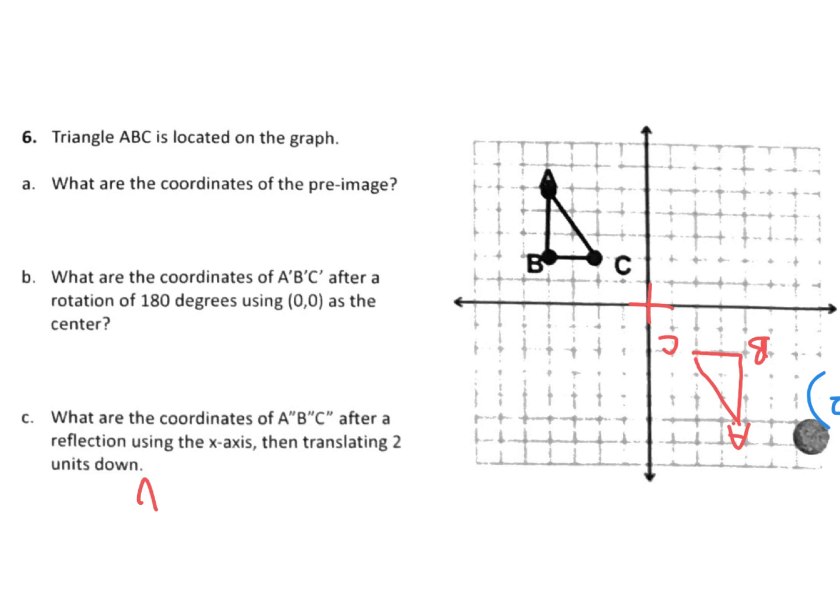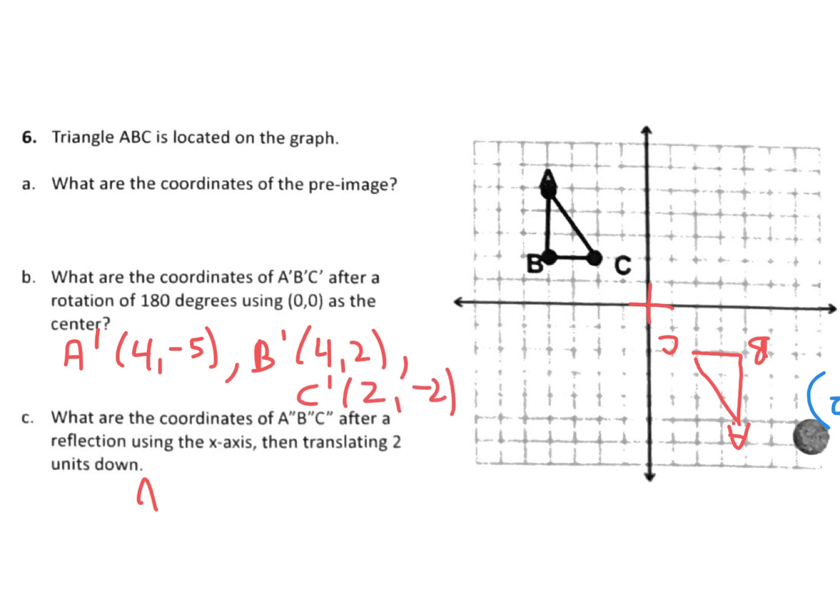Okay, so now this is A prime. It looks like it's forward 4, down 5. And then B prime is forward 4, down 2. And C prime is forward 2, down 2. And now we're going to reflect that over the x-axis.